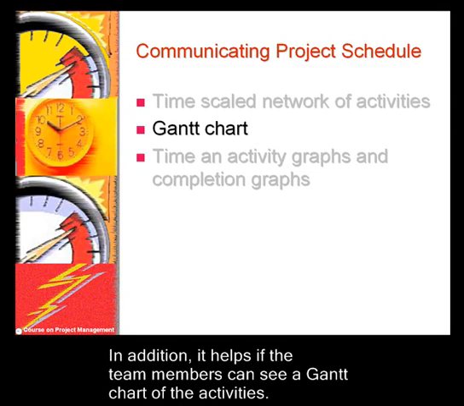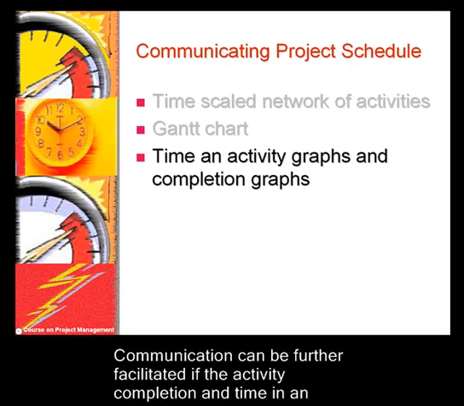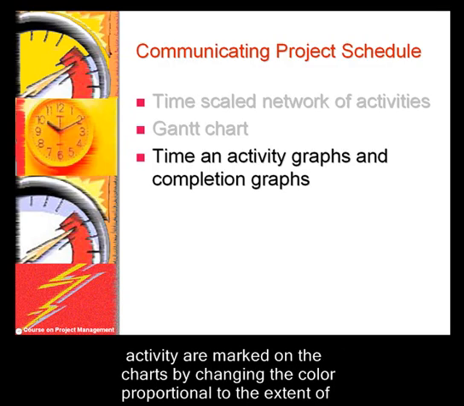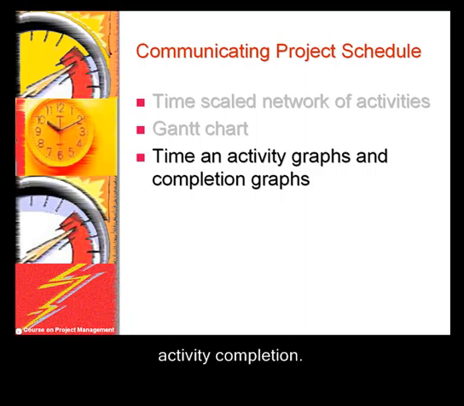In addition, it helps if the team members can see a Gantt chart of the activities. Communication can be further facilitated if the activity completion and time in an activity are marked on the charts by changing the color proportionally to the extent of the activity completion.